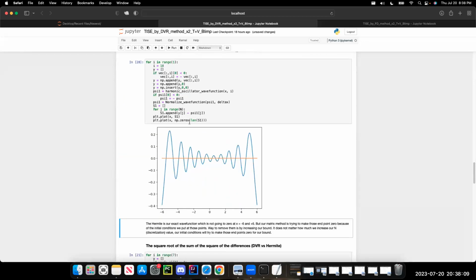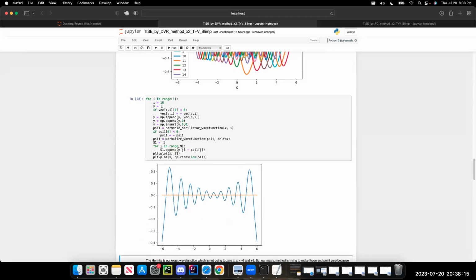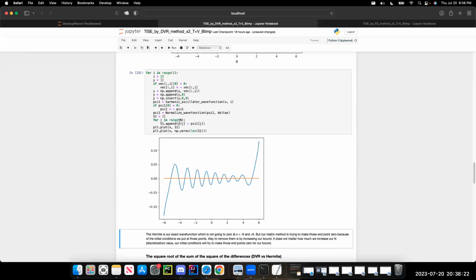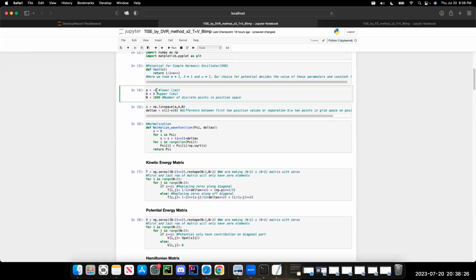It just keeps becoming a bit wild here. But of course, even if we were to take n equals 15, if we expand our range, all of these problems seem to go away.